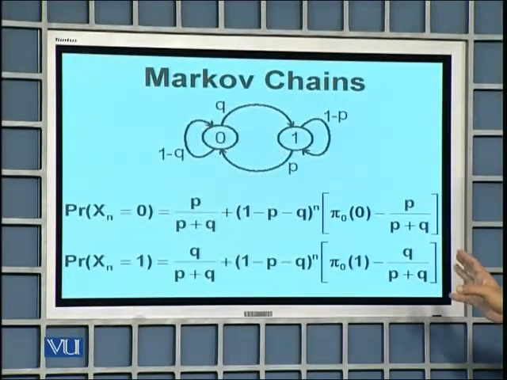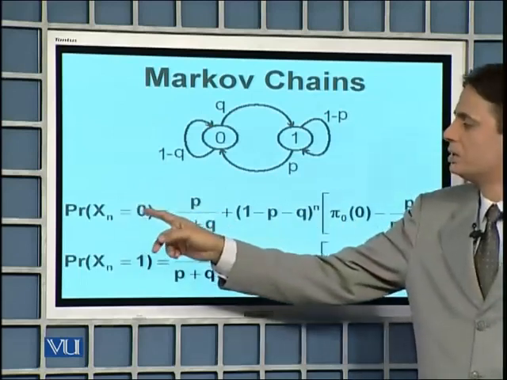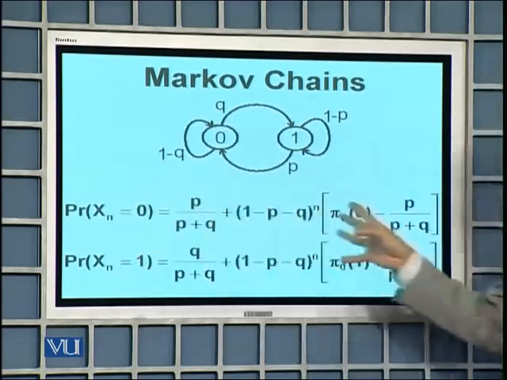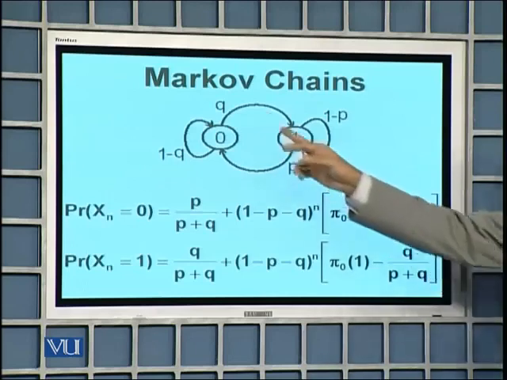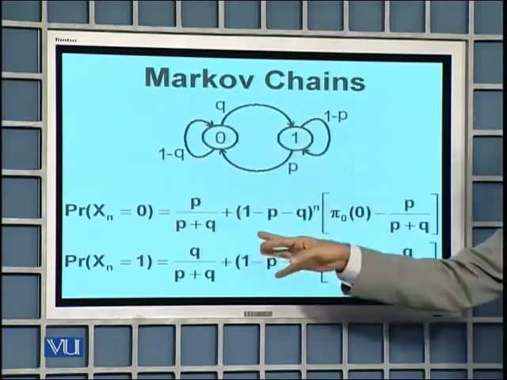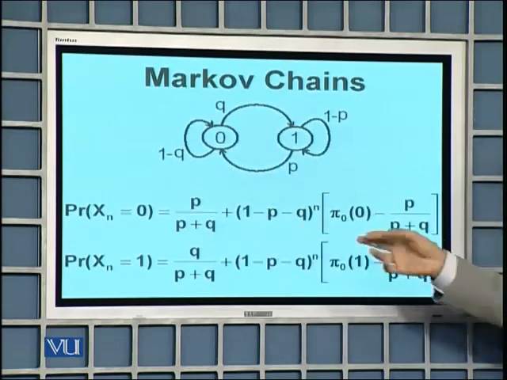The formulas for this Markov chain being in state 0 or state 1 are shown here, which are supersets of the previous formulas. In previous formulas, q was 1.